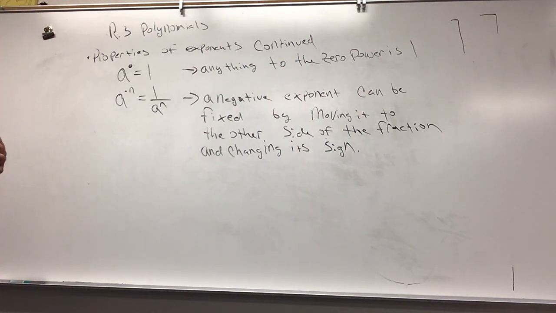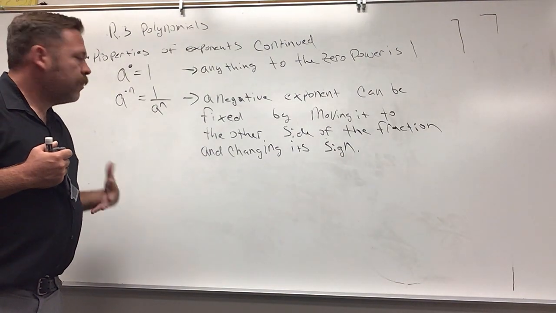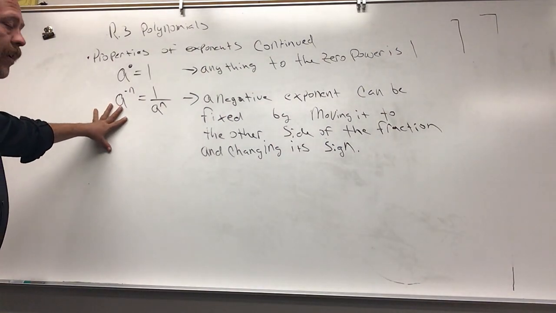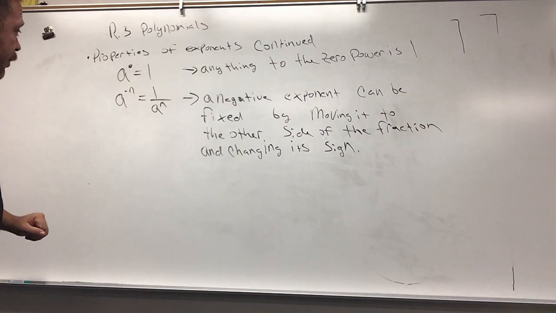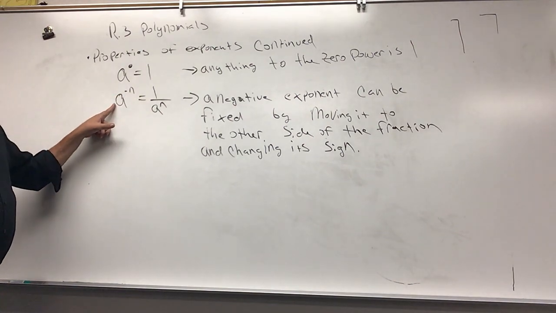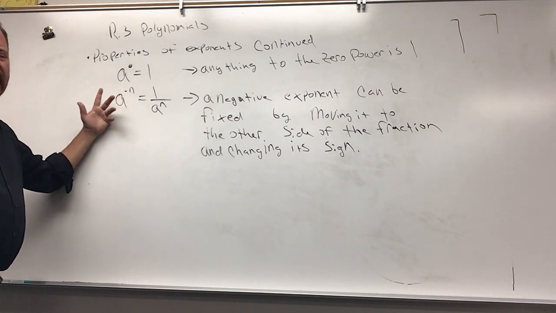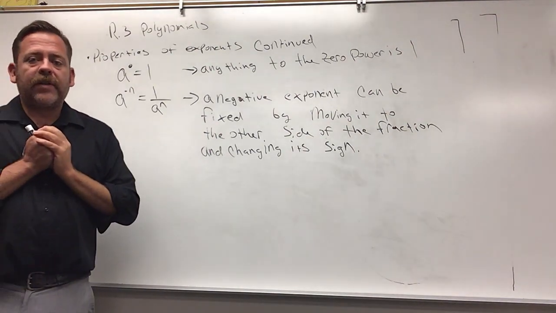And then the next thing we're going to take a look at is fixing negative exponents. We can fix a negative exponent by whatever is being raised up to that negative exponent will be flipped to the other side of the fraction. So this general rule here, I have a to the negative n power. Well, we can't leave something with a negative exponent, it's not considered to be simplified.